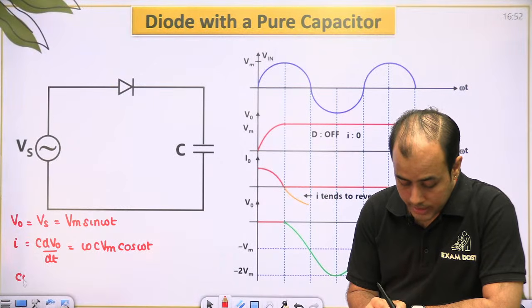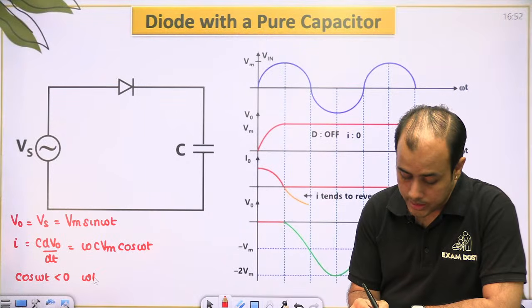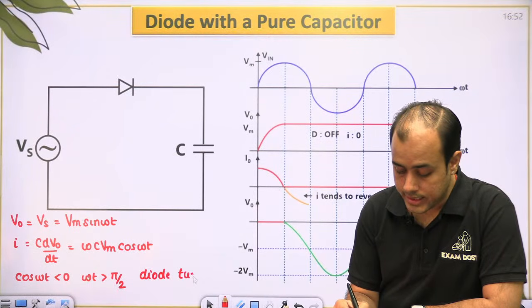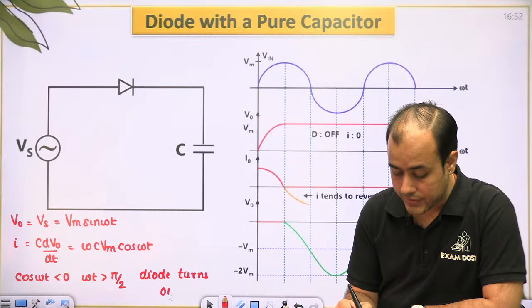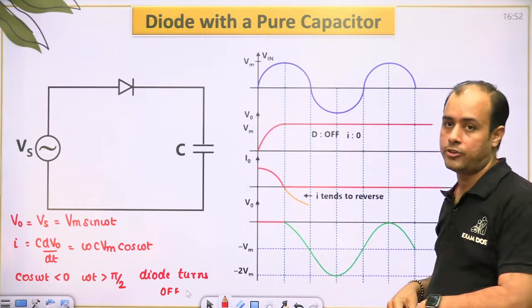So cos omega t becomes negative for omega t more than pi by 2. So diode turns off. तो 90 डिग्री के बाद करंट नेगेटिव जाने की कोशिश करता है, तो यही मैंने दिखाया, तो डायोड ऑफ हो जाता है.